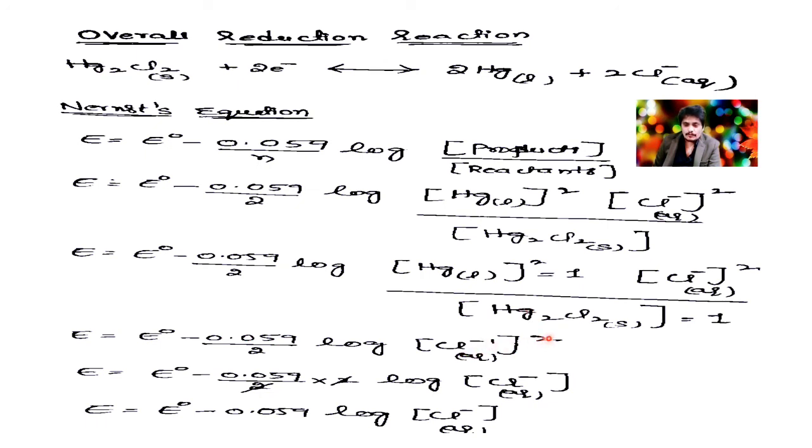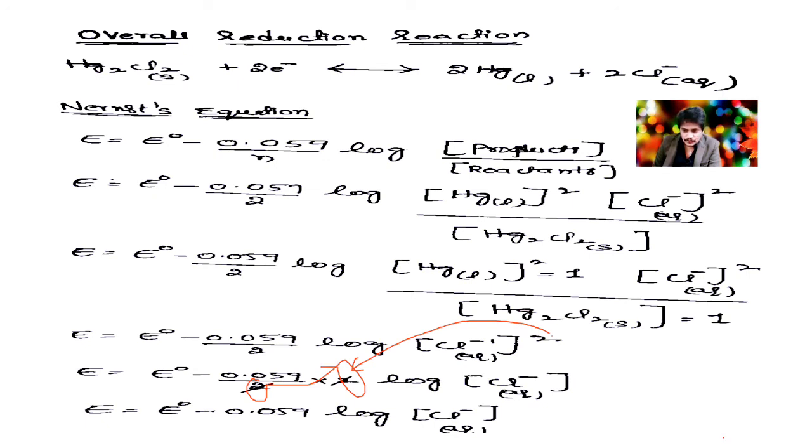So now let us bring this 2 inside the equation. If we bring the 2 inside the equation, what happens? This 2 which is there in the denominator, and this 2 which is going to come to the numerator, get cancelled.